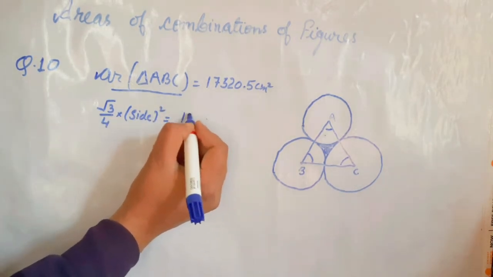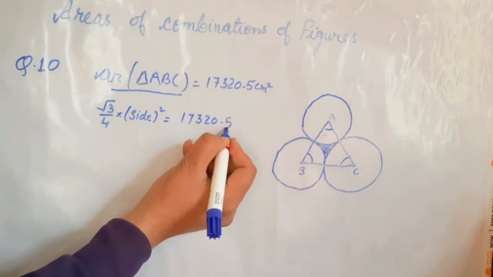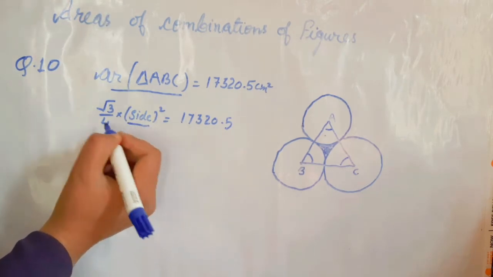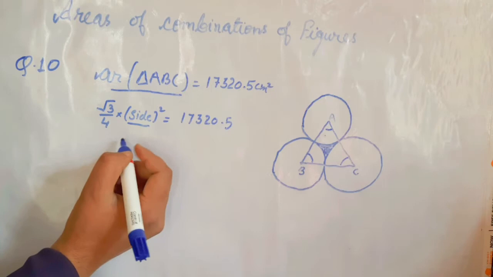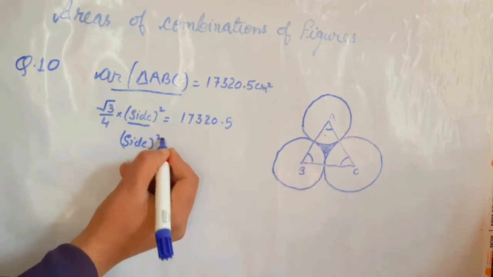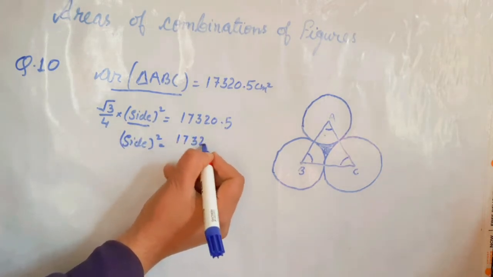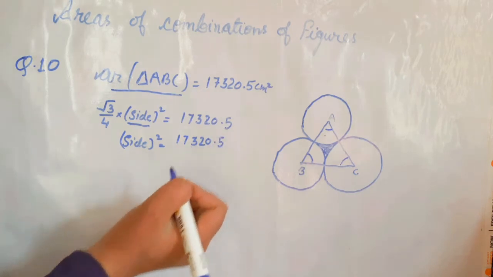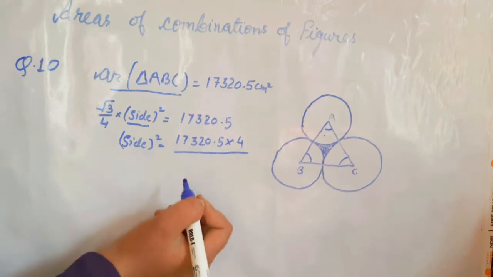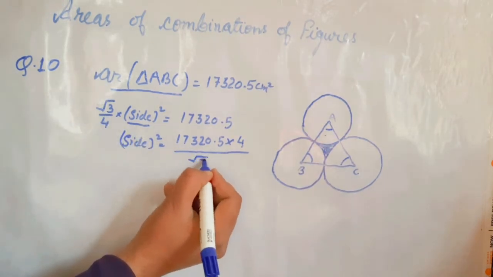is given equals to 17320.5. Then we need to find out side. So take this to the right side. Side square will be equals to, this 4 will go in multiplication, 17320.5 as it is multiply by 4 upon, now here we have square root 3.